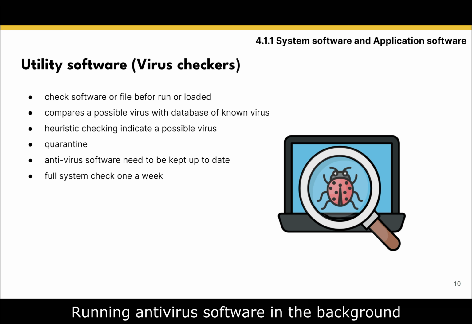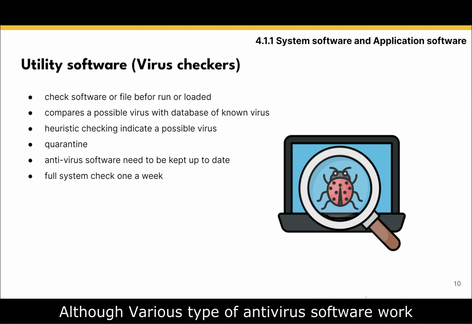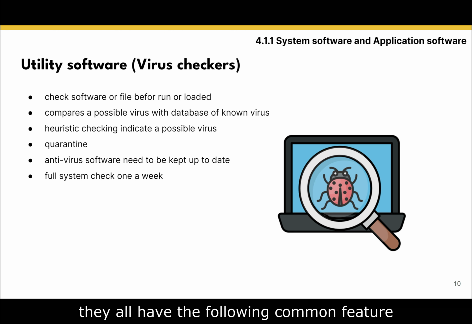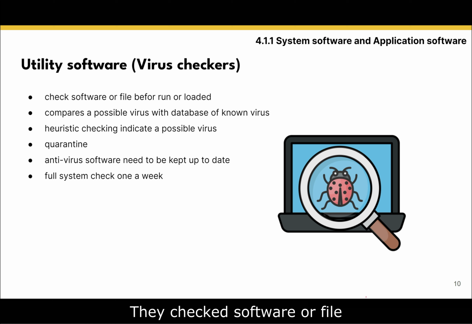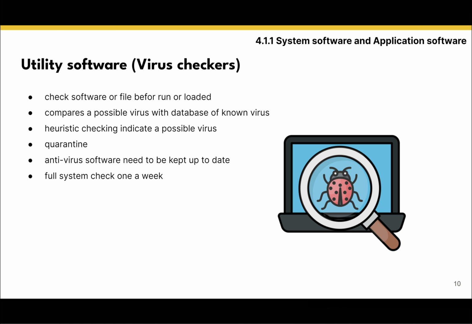Running antivirus software in the background on a computer will constantly check for virus attacks. Although various types of antivirus software work in different ways, they all have the following common features. They check software or files before they are run or loaded on a computer.